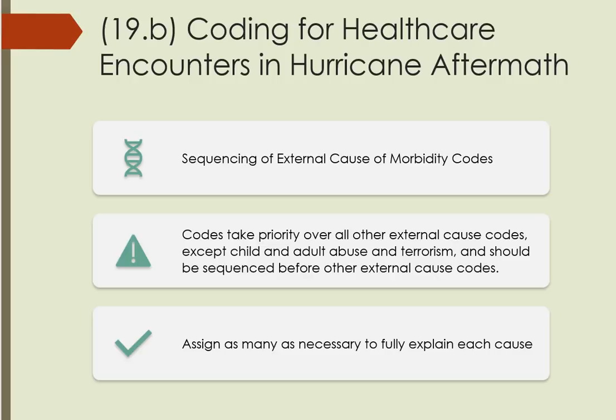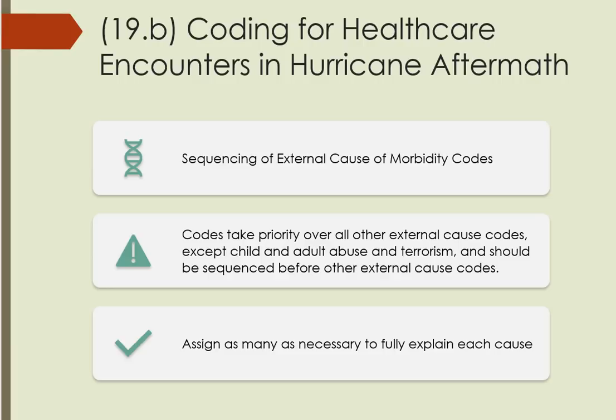However, there are some exceptions, such as child and adult abuse and terrorism, and those should be sequenced before any other external cause codes. As stated in our external causes of morbidity guidelines, we can actually assign as many external cause codes as necessary to explain each cause of a condition.